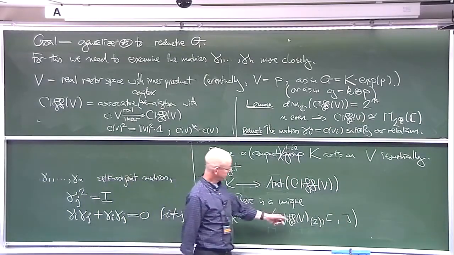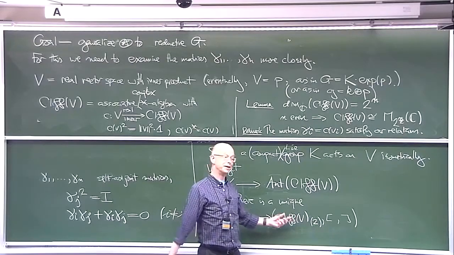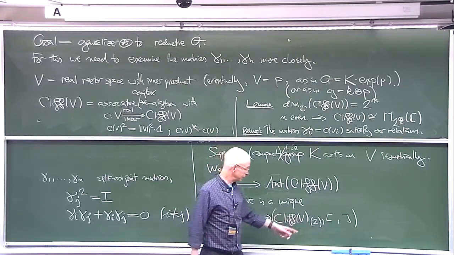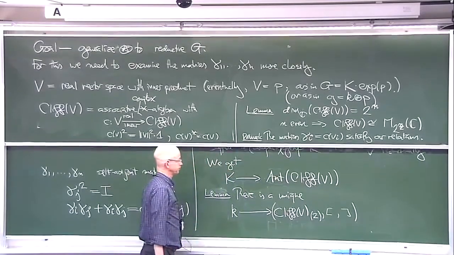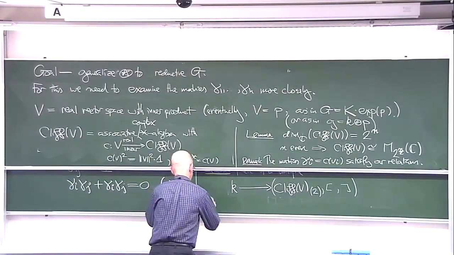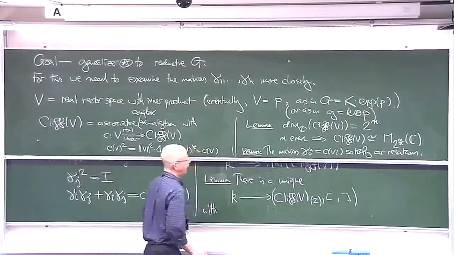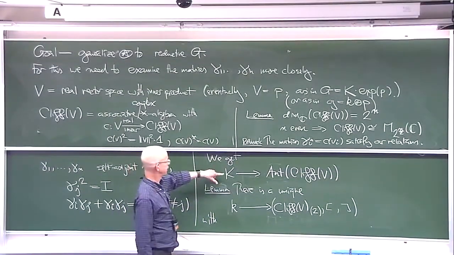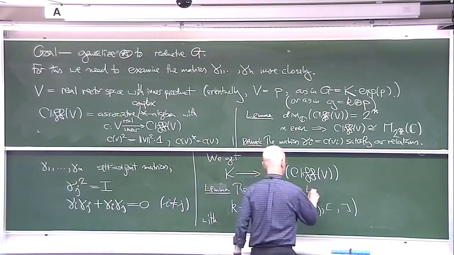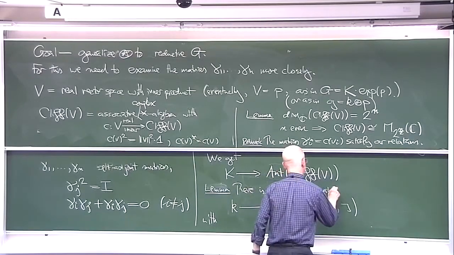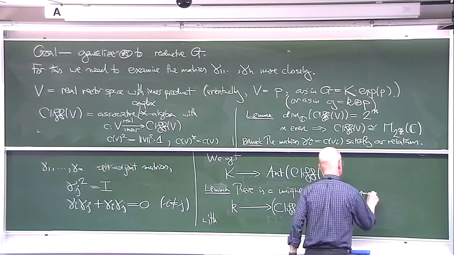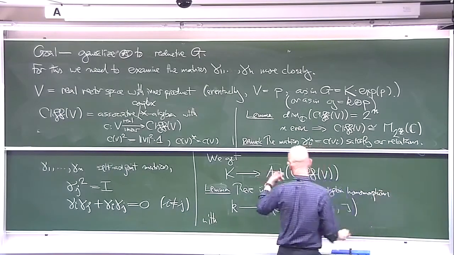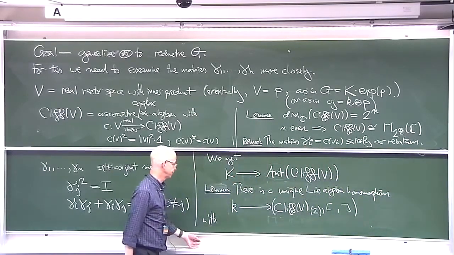Certainly the commutator of two elements in this Clifford algebra is an element in the Clifford algebra. It's an algebra, after all. And we have to worry about this, too, in just a moment. And this Lie algebra homomorphism is supposed to generate this action.